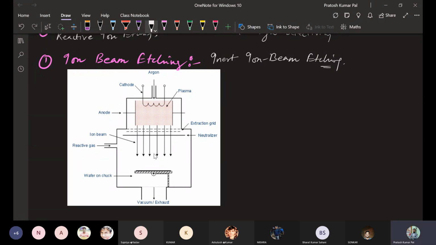Why this name, inert ion beam etching? Because the complete reaction will be taking place in an inert environment.